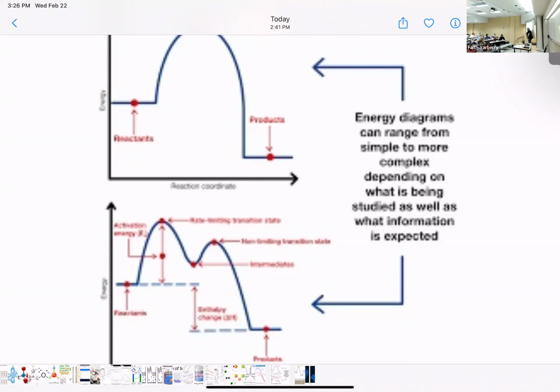And the bottom between those two points is called an intermediate. So you have transitions at the top and intermediate in the trough.